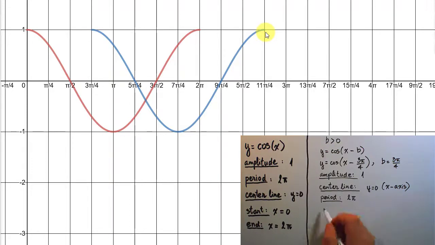So the start of the base unit on this function is at x equals 3 pi over 4. Once again, make clear note of how this start is related to our b value, 3 pi over 4. And the end of the base unit is at x equals 11 pi over 4.